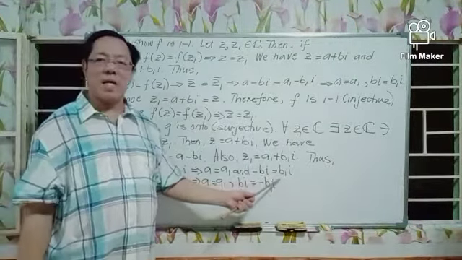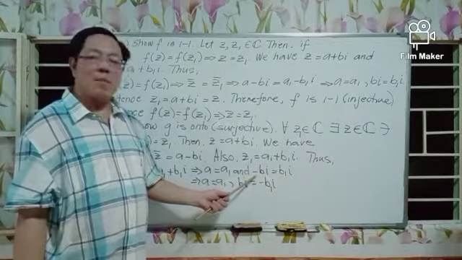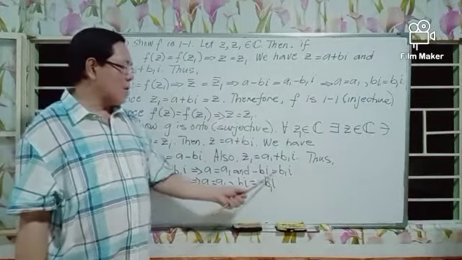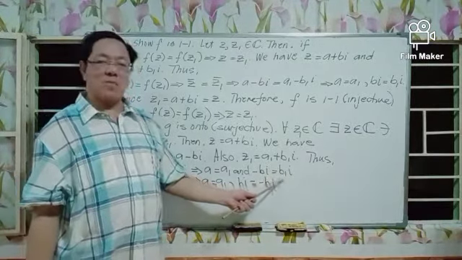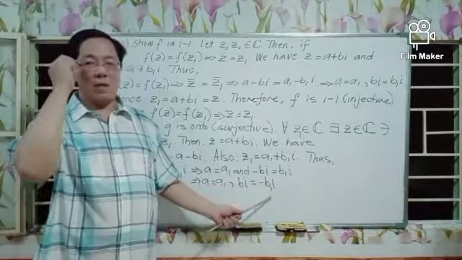Multiplying both sides by negative: negative times bi is positive bi, and multiplying the right-hand side by negative, negative times positive b sub 1 i is negative b sub 1 i.